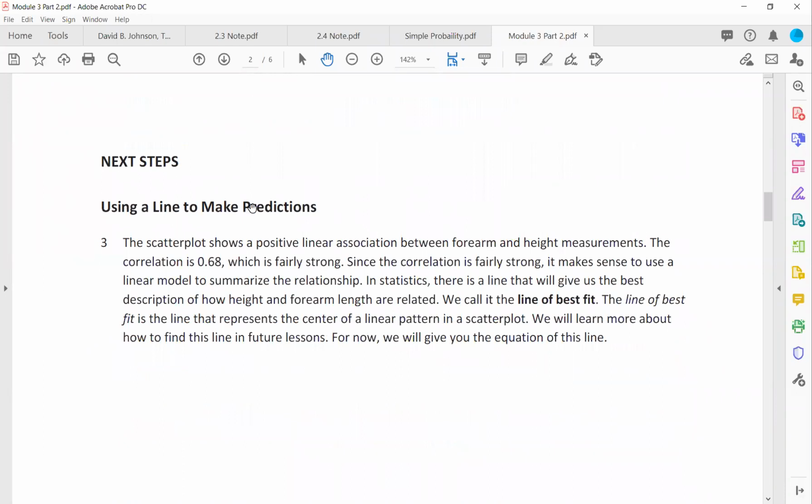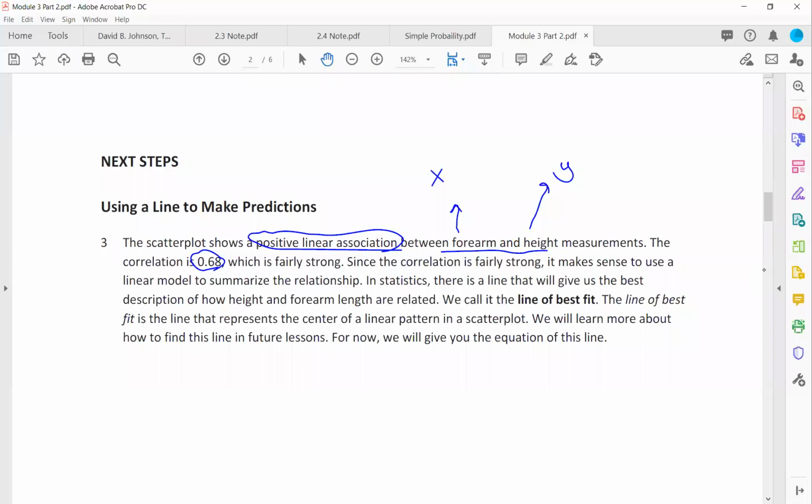Next steps. Using a line to make predictions, the scatter plot shows a positive linear association or correlation between forearm and the height. So forearm is your x, independent variable, and the height is y, dependent variable. The correlation is about 68%.